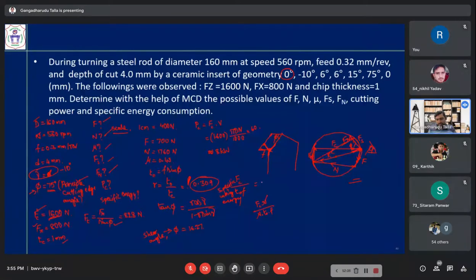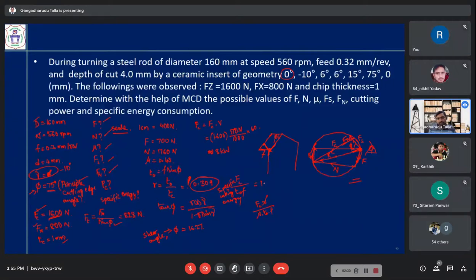So calculate this and see what is the value. How much?